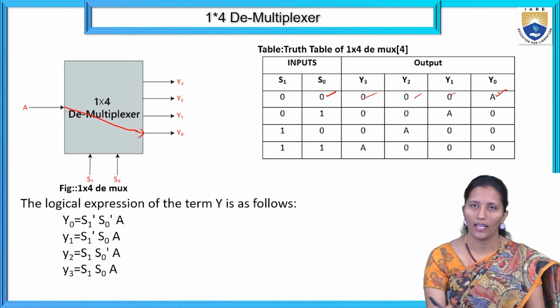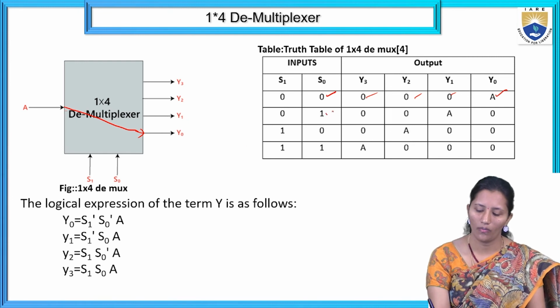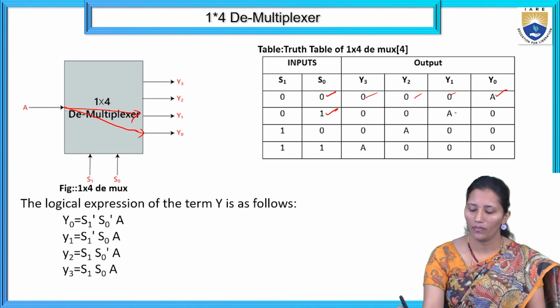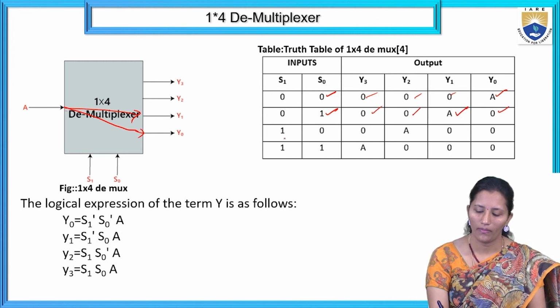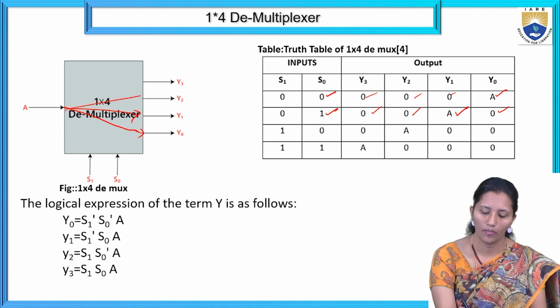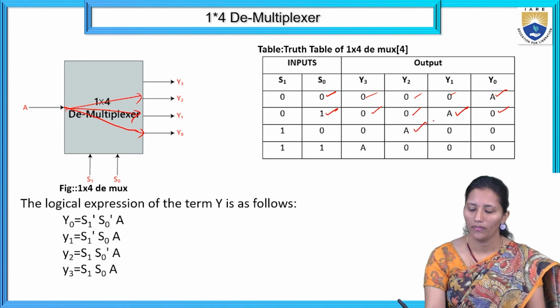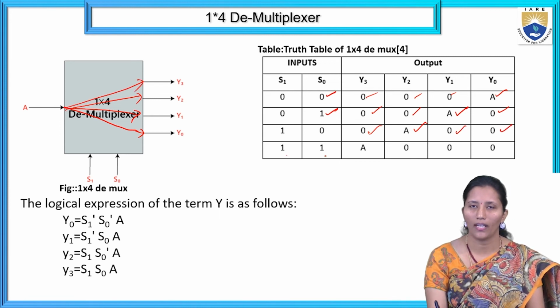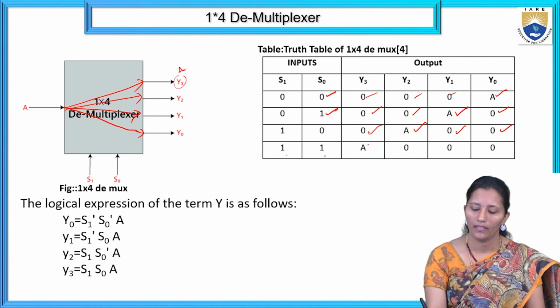So Y0 is A. If it is 0, 1, then A will be routed to Y1; Y1 is A and the other outputs are disabled. If it is 1, 0, then Y2 is A and the other outputs are disabled. If S1 and S0 are 1, 1, Y3 will be A and the other outputs are disabled.